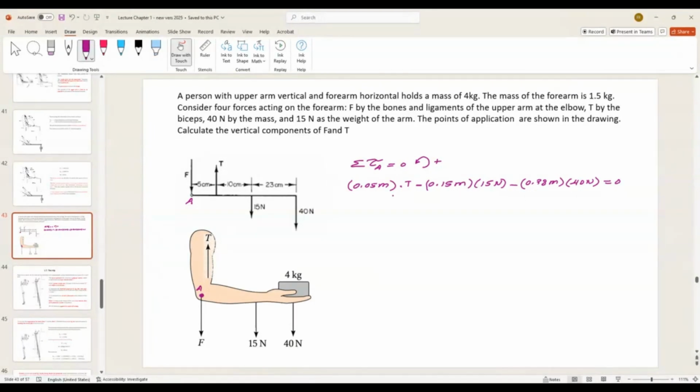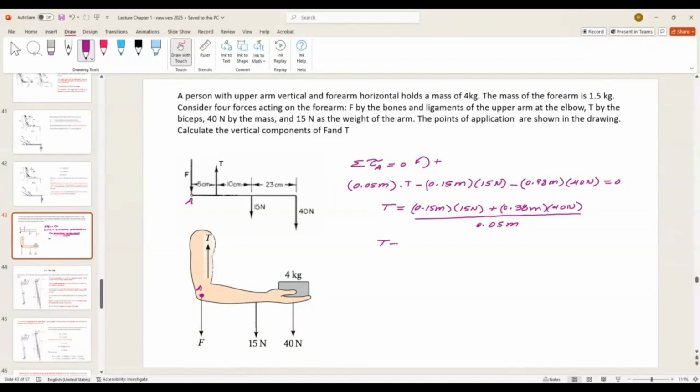And all this is equal to 0. So solving for T now, we get that T is equal to 0.15 meters times 15 newtons plus 0.38 meters times 40 newtons, divided by 0.05 meters.